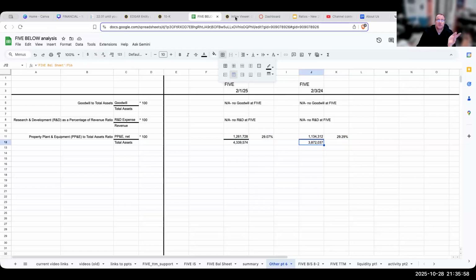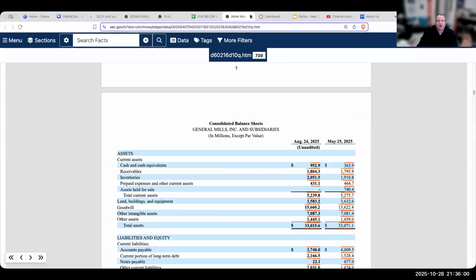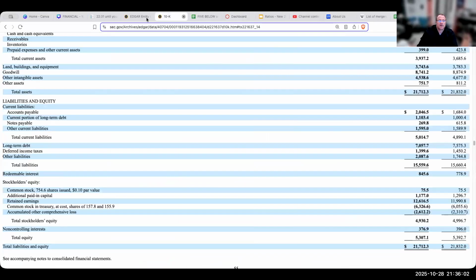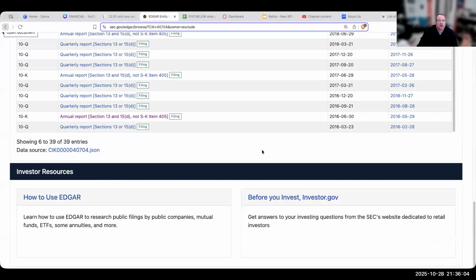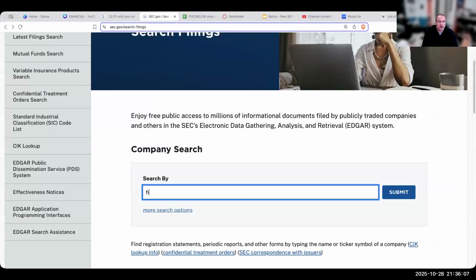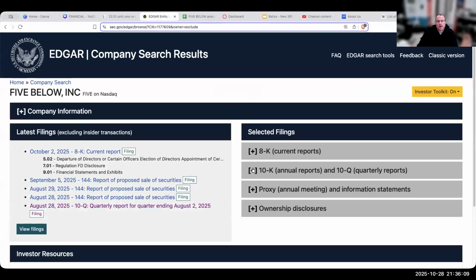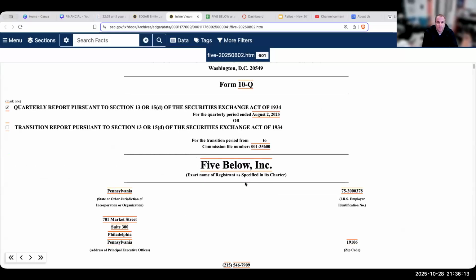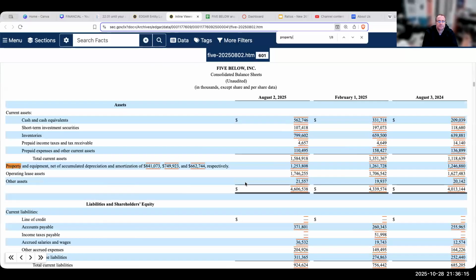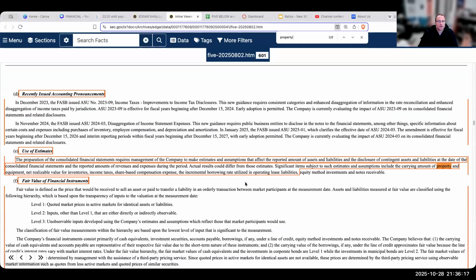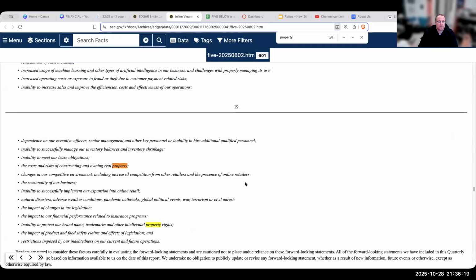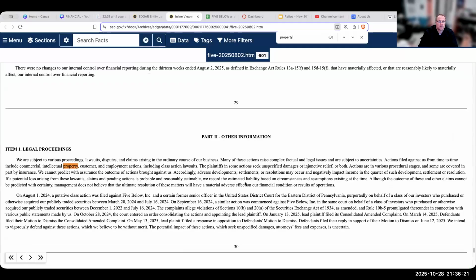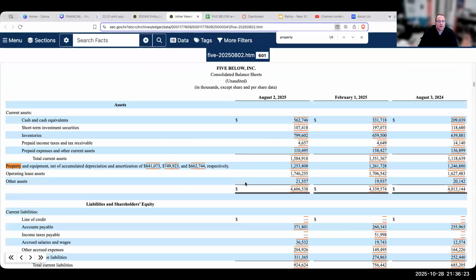Now, for Five Below, we may also want to look at the composition of property, plant, and equipment. Let's type in equipment.